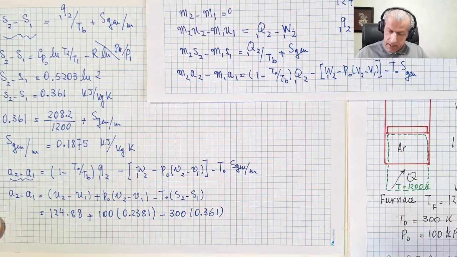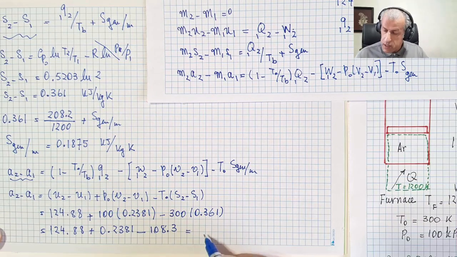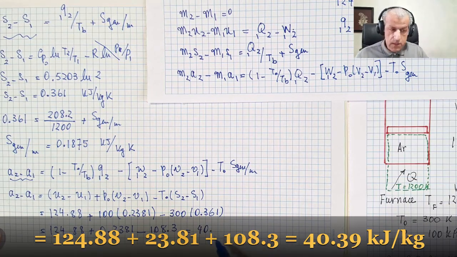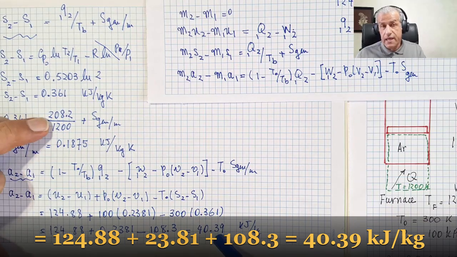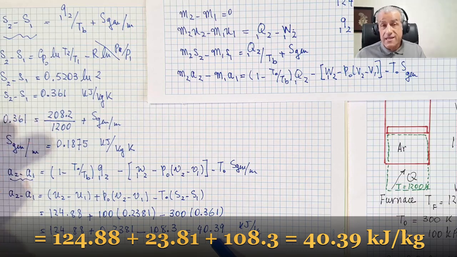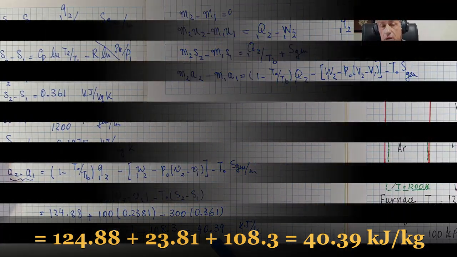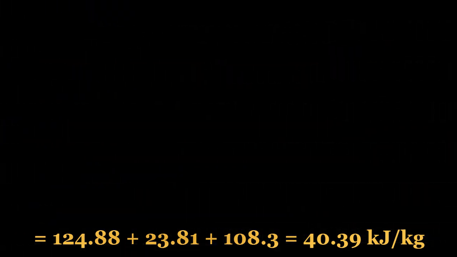And the outcome is 40.39 kilojoule per kilogram. You see, out of 208.2 kilojoule per kilogram of energy that was transferred by heat, only 40.39 of it is stored inside argon as availability.